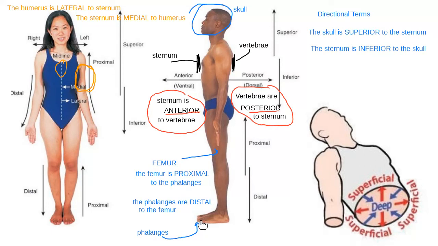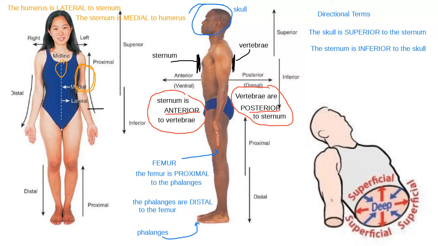This same thing applies when I go up here to the arm. We already talked about the humerus that I see right here. Let's talk about the two bones that live in an area called the forearm. There are actually two bones in your forearm. One of those bones lives on the thumb side of your forearm.